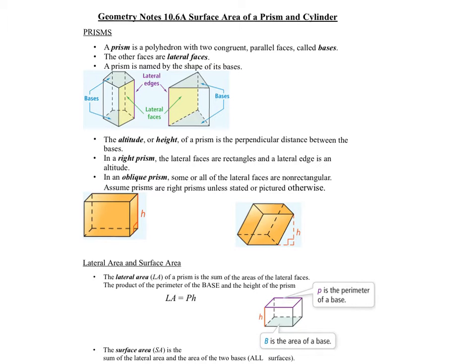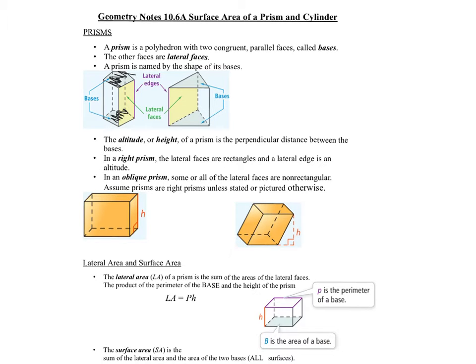So you guys always know when we start a new section, we have a new definition. So I'll read this to you quickly, but you can read. I just want to explain this as we go through. Prism is a polyhedron with 2 congruent parallel faces called bases. So you'll notice here, this face and this face are parallel to each other.